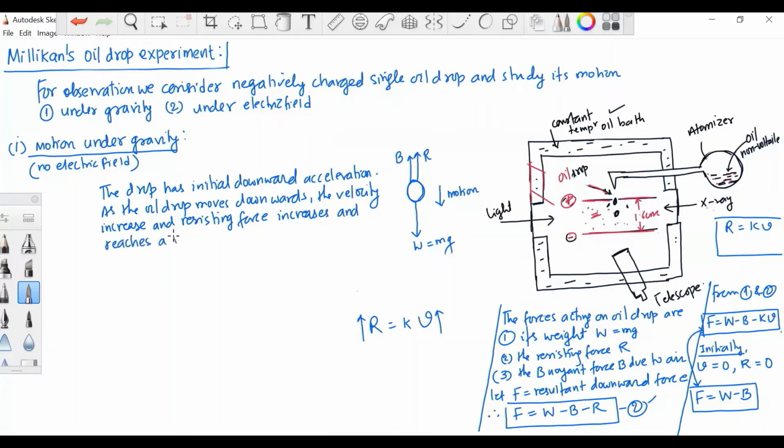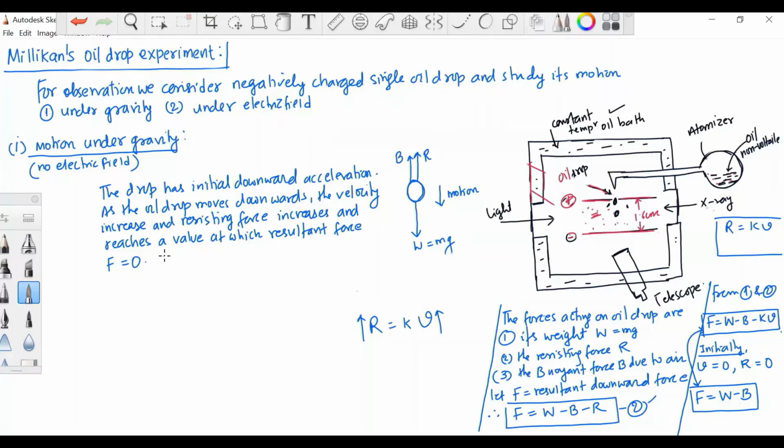It reaches a value at which the resultant force, that is F, equals 0. If the resultant force is 0, then the oil drop falls with constant velocity called terminal velocity.